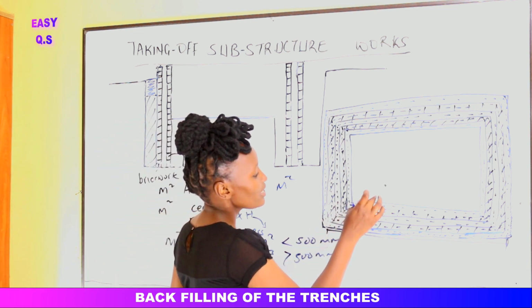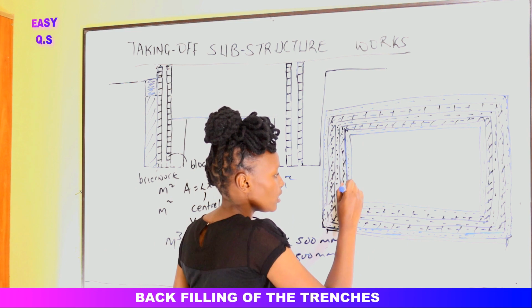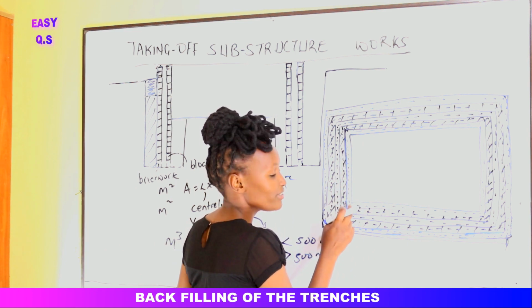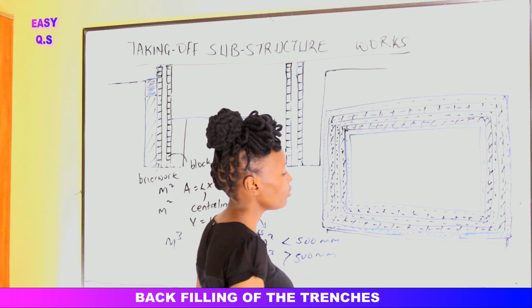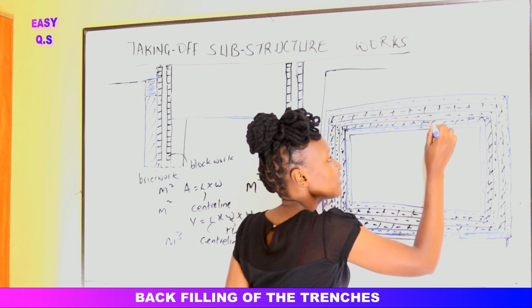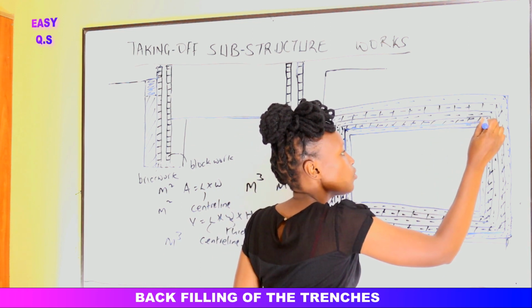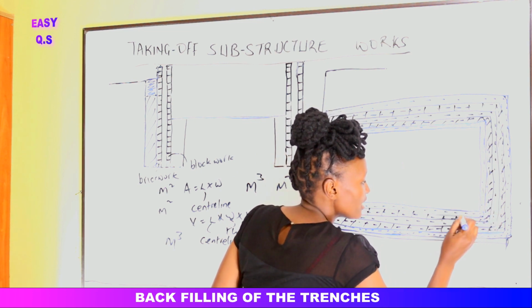If you see in the plan, compacting, we shall compact from the inside face of the wall here. This area we have filled it with hardcore, but even on top of the hardcore will be part of the floor. So we shall find the length. The length will be this length of the internal wall, then the width shall be the width of the internal wall.